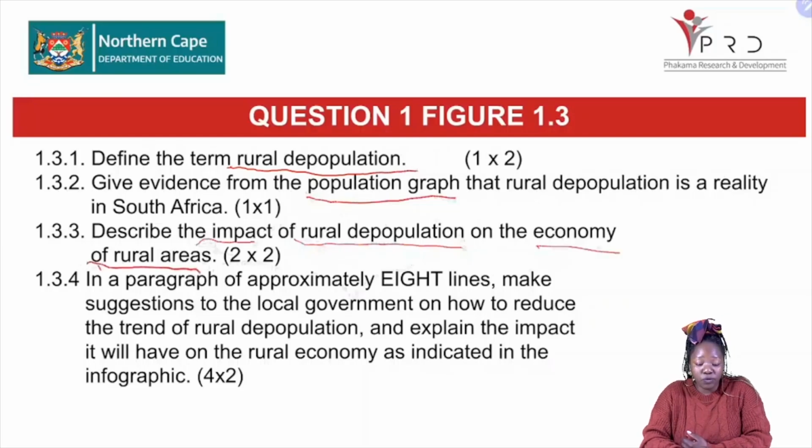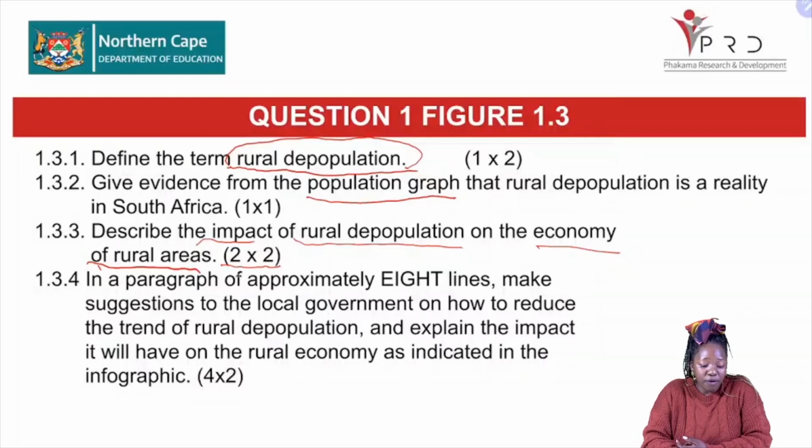By now you should realize that if you don't have the clue of what rural depopulation is, you won't be able to answer the following questions, because you need to describe the impact of rural depopulation on the economy. Again, they did not say how many responses you need to give, but looking at the mark allocation, which is 2 times 2, you need to give 2 responses.